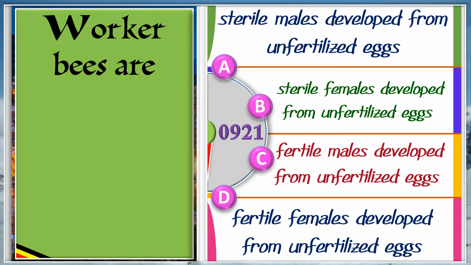D. Fertile females developed from unfertilized eggs. And the answer is B. Sterile females developed from unfertilized eggs.